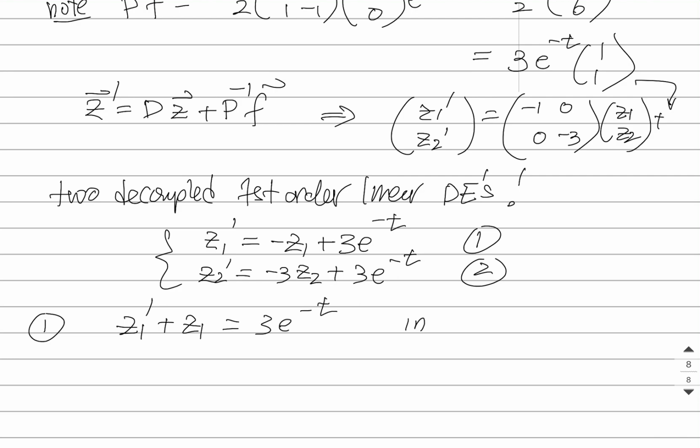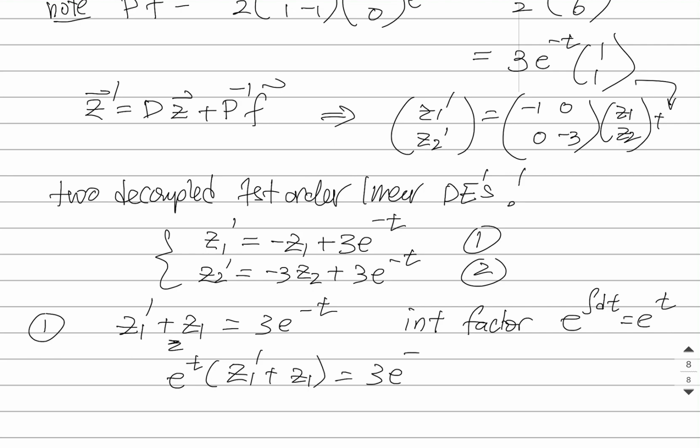So the integrating factor in this particular problem, remember the coefficient here is 1, so the integrating factor is going to be e to the integral of dt, so we'll get an e to the t. Very conveniently, if we multiply both sides here by the integrating factor, that term will go away.